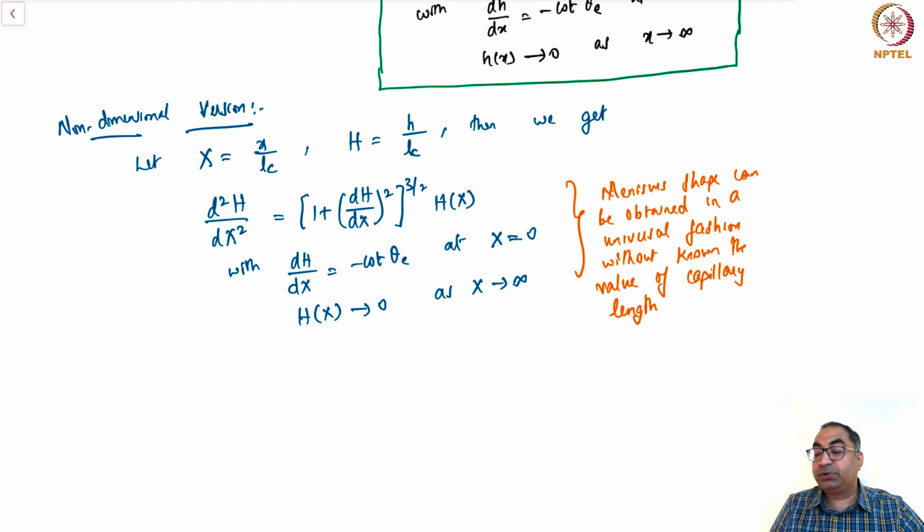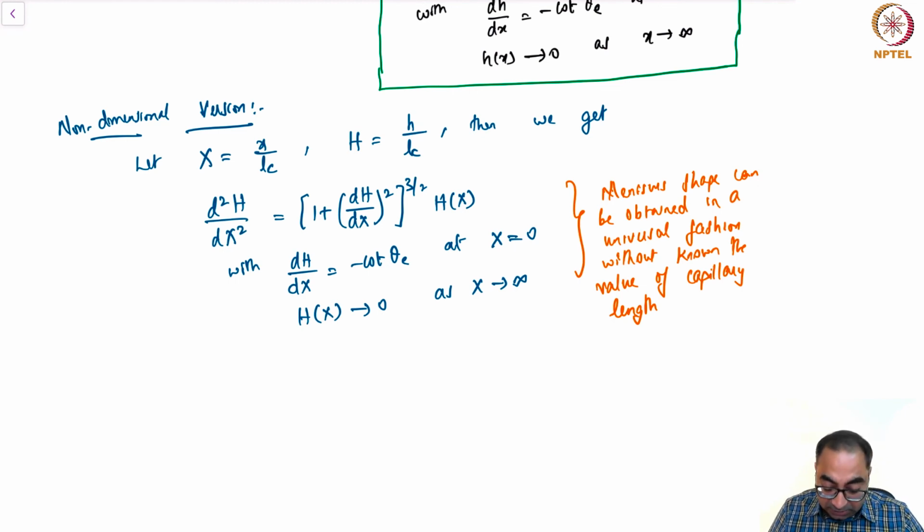So even if I don't know the value of the capillary length, I can still determine the shape of the meniscus. The only thing I need is the angle, and then for different fluids we can rescale the shape of the meniscus to get the exact shape if I can solve these equations. So there is some universal aspect about these equations because I can absorb the capillary length.